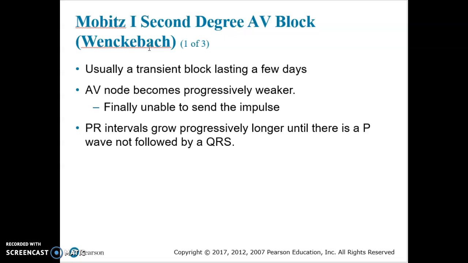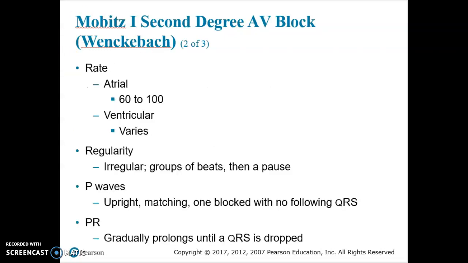Then as you move down the strip, the PR interval on the next cycle gets a little bit longer, and then on the next cycle a little bit longer, and then finally that beat is dropped. We have a P wave that's not followed by a QRS because it doesn't get through. Wenckebach is characterized by the gradually prolonging PR interval, and then we finally drop that beat.